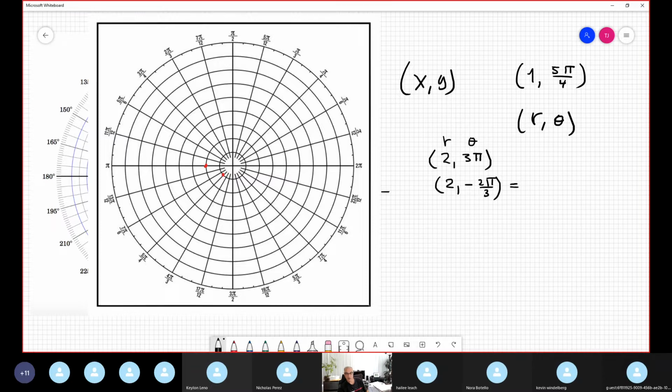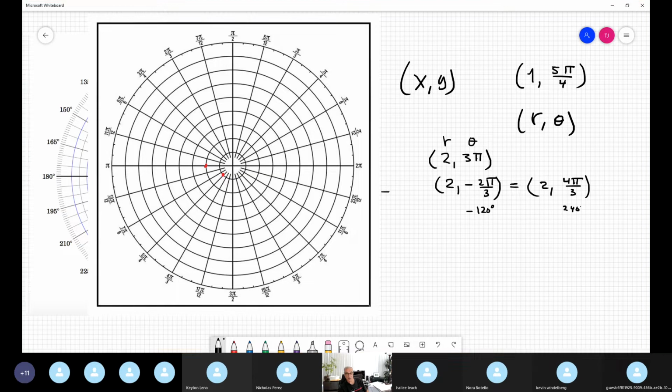Okay, by the way, this is equivalent to say 2 comma 4 pi over 3. Yes or no? Because this is negative 240. So in degrees is 240. And this is 240, no. Negative 120, sorry. This is negative 120 degrees. And this is positive 240. You see that they coincide, right?